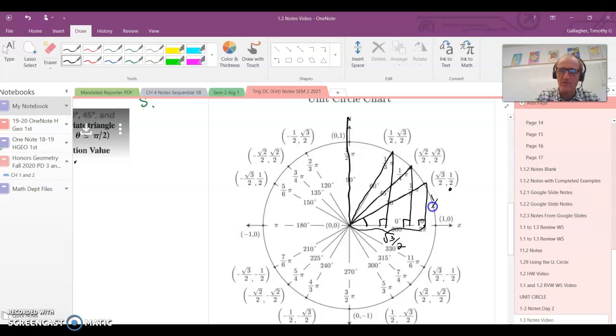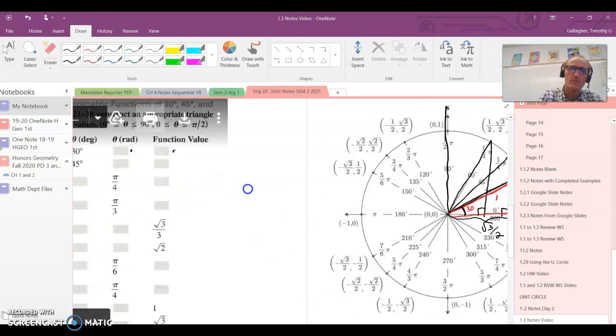And this is 1/2, right? Because the y value is 1/2. And since it's the unit circle, this triangle here has a hypotenuse of 1. Okay? So the sine of this angle, which is 30 degrees, is 1/2 over 1, opposite over hypotenuse.